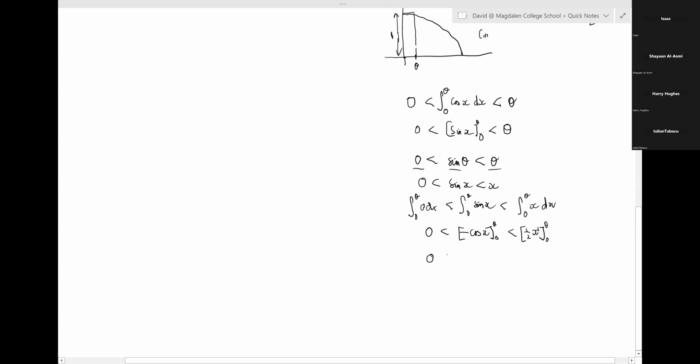So I get naught is less than negative cos theta plus 1, which is less than a half theta squared. So I now get for small theta that cos theta is less than 1, which we knew, but is greater than 1 minus a half theta squared.